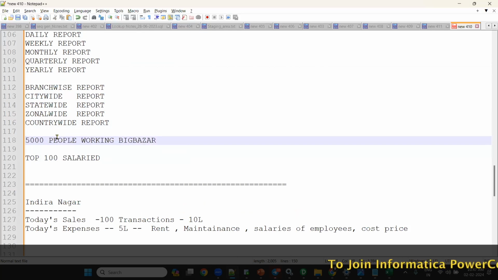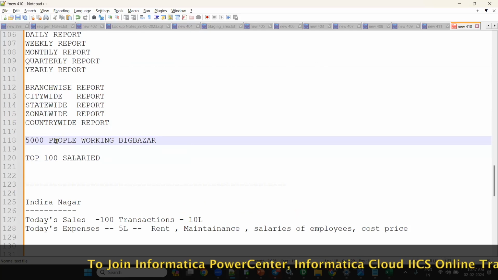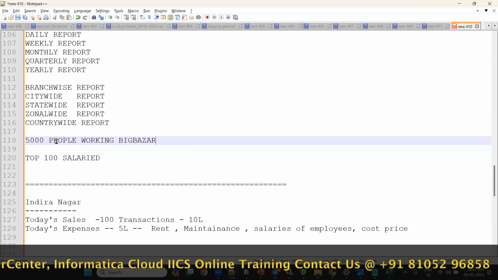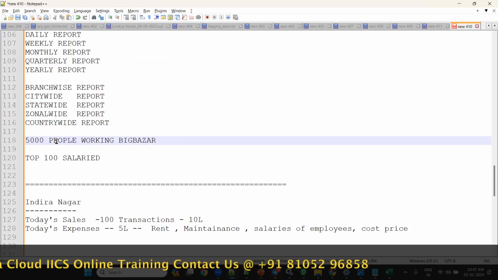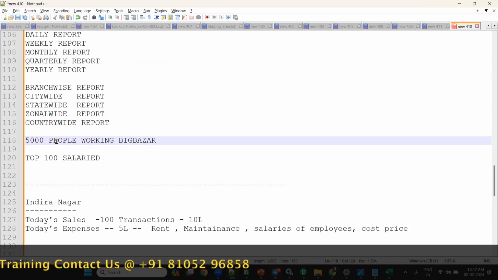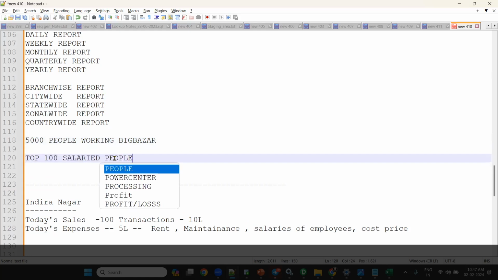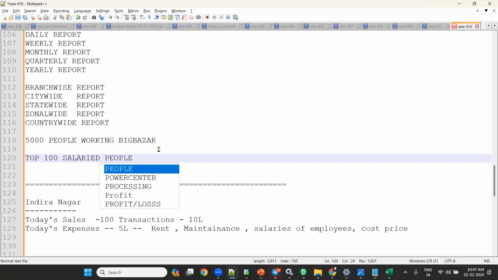Cashiers, laborers, managers, senior managers, branch managers, presidents, vice presidents, CEO, everyone. In that, I want the top 100 salaried people. Can I get it from these reports? Yes, I can get it.